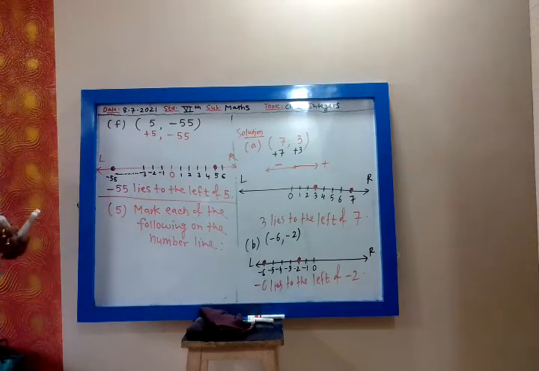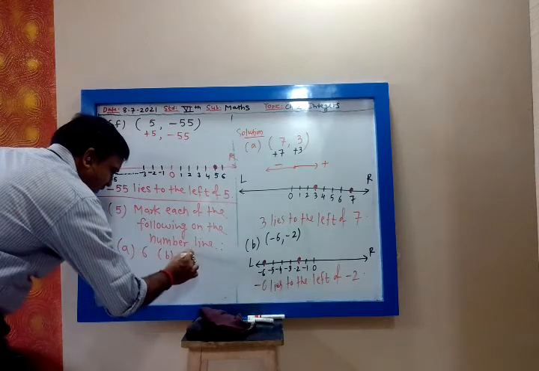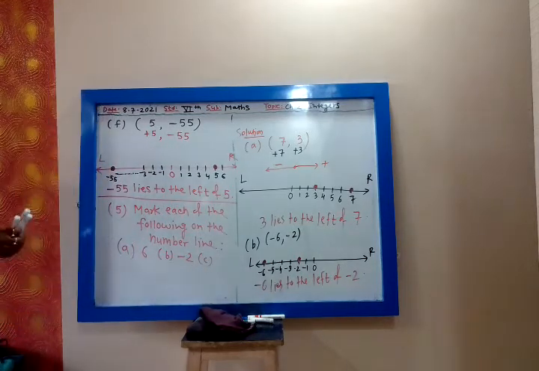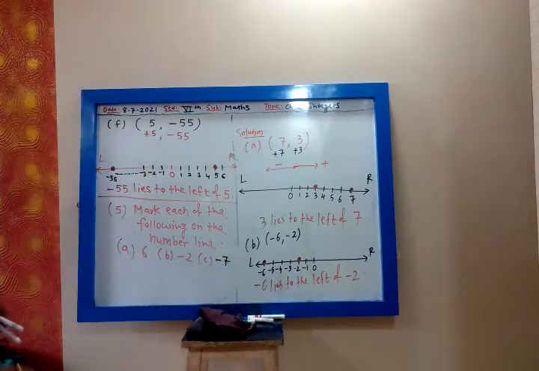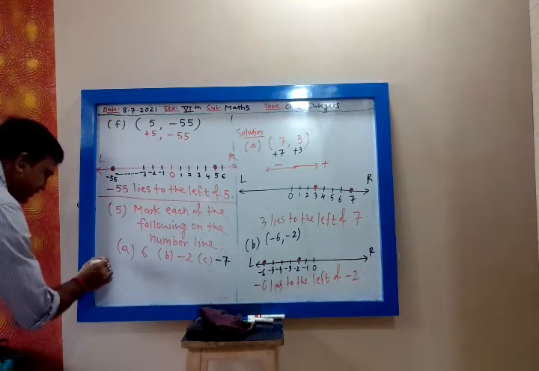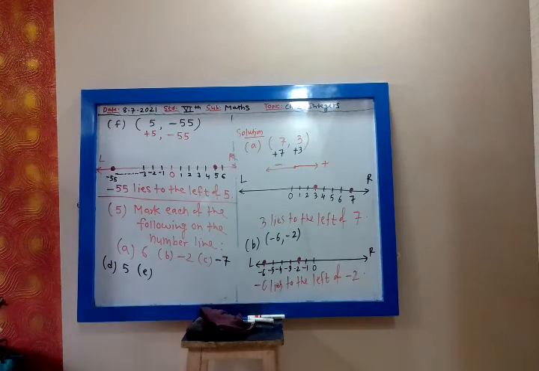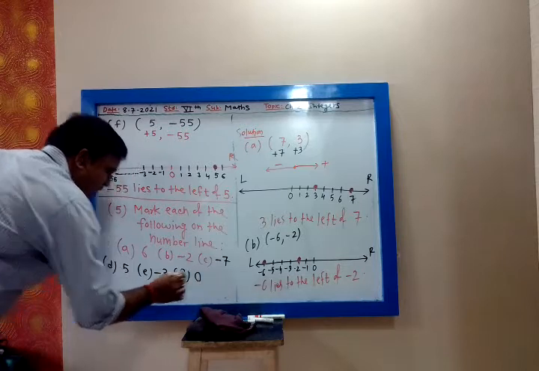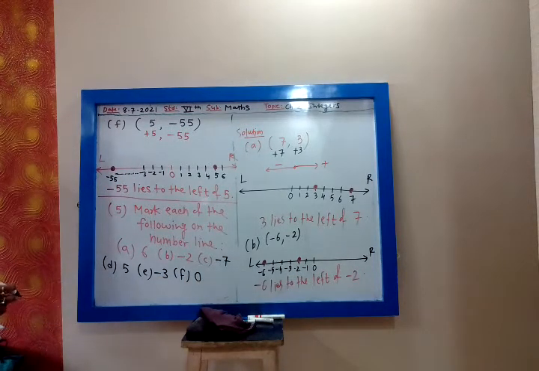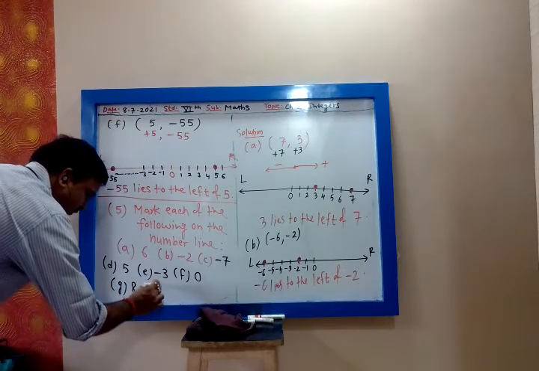The numbers are 6. Let me write all the numbers. A is 6, B is -2, C is -7, D is 5, E is -3, F is 0, G is 8, and H is 4.